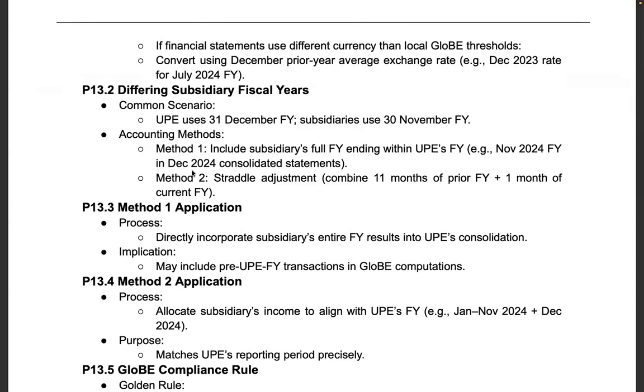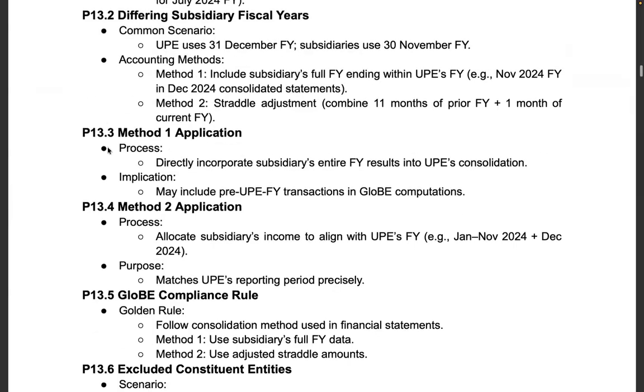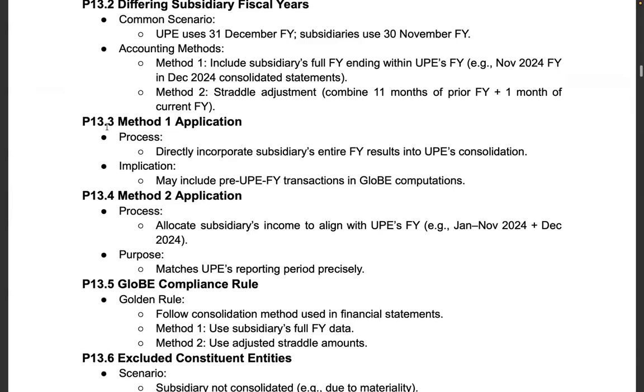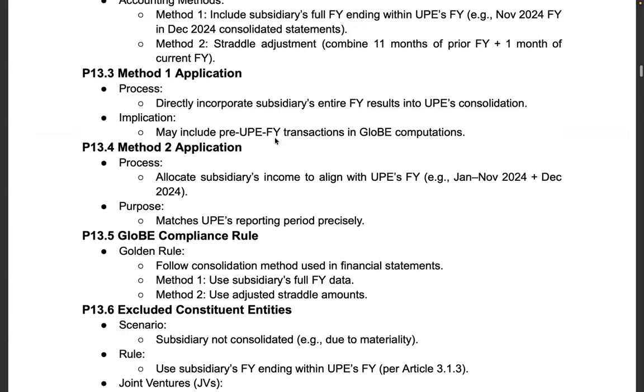Now, method 1 and method 2 applications have been identified in paragraphs 13.3 and 13.4. Let's quickly look at it. Method 1 was we ignore the 1 month difference and directly incorporate the subsidiary's entire financial results. This may include pre-ultimate parent entity financial year transactions in GloBE computations.